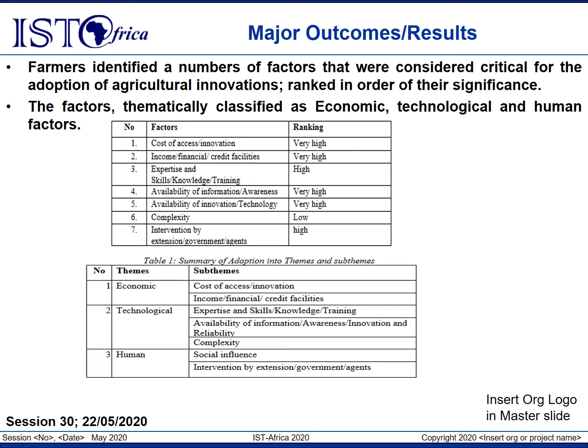Technological as a theme had the following sub-themes based on the earlier identified factors: expertise and skills, knowledge, training, availability of information, awareness, innovation and reliability, and complexity. Human as a theme had the following sub-themes: social influence and intervention by extension, government agents.